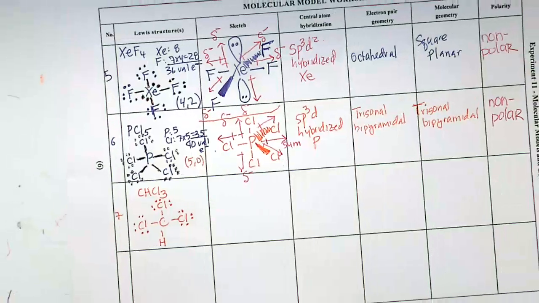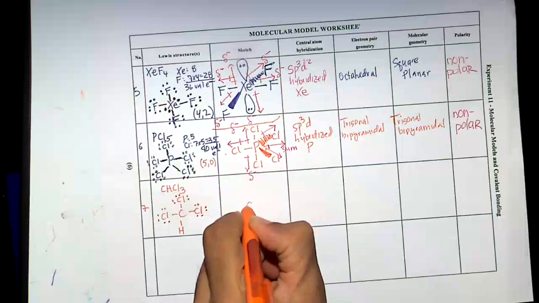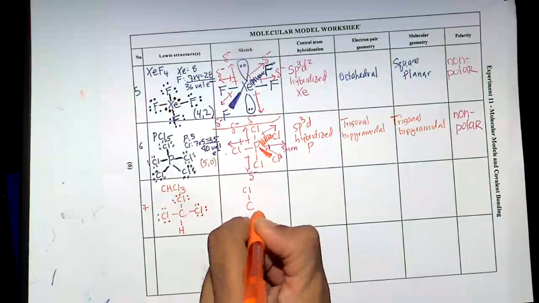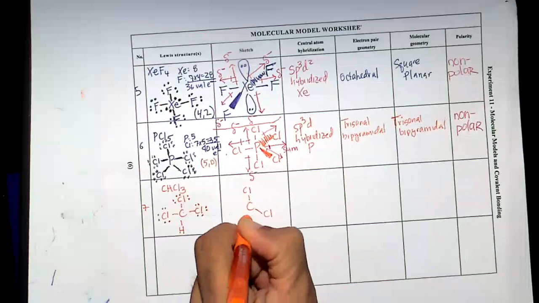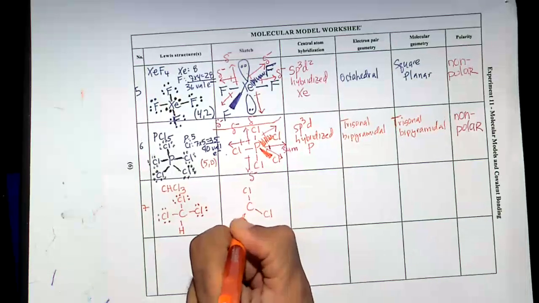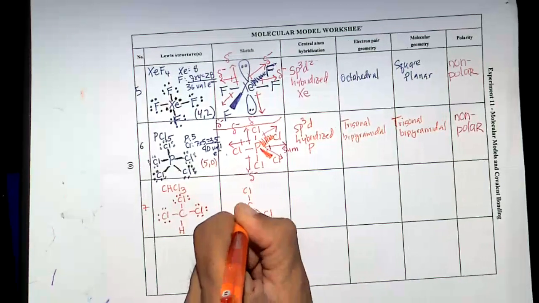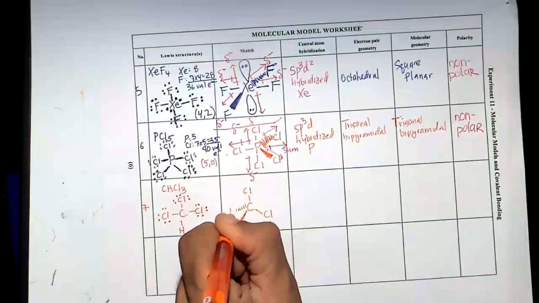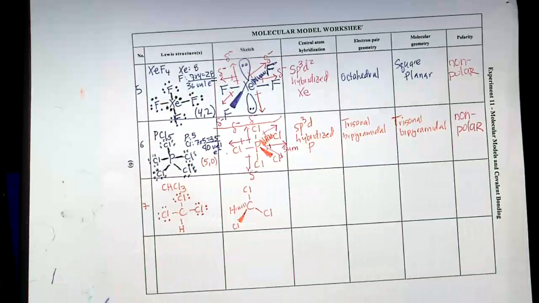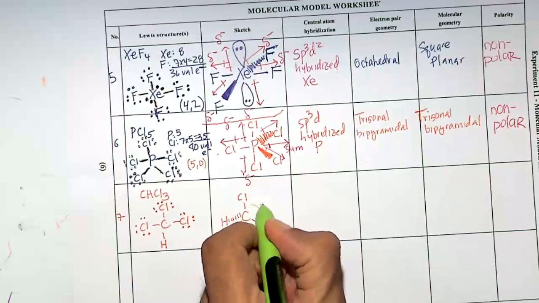All right. What's 4 bonds and 0 lone pairs? So we'll draw a tetrahedral. This is just like we did in class. It doesn't matter the order for now. Don't worry about it. And we have a very nice angle of 109.5 degrees.